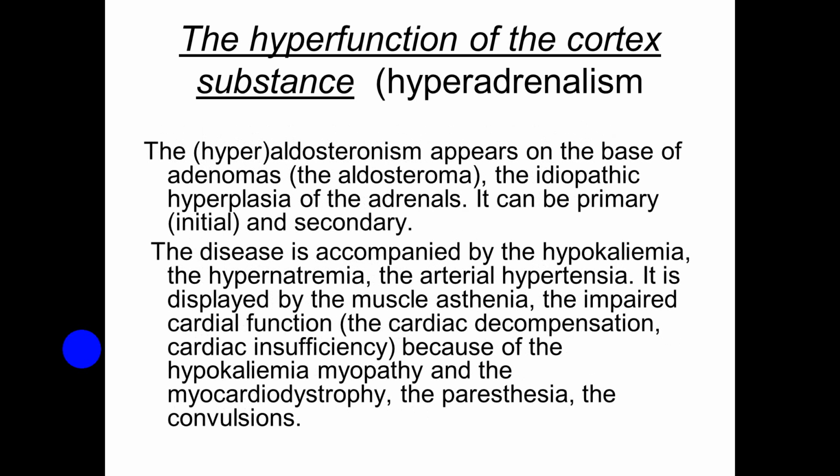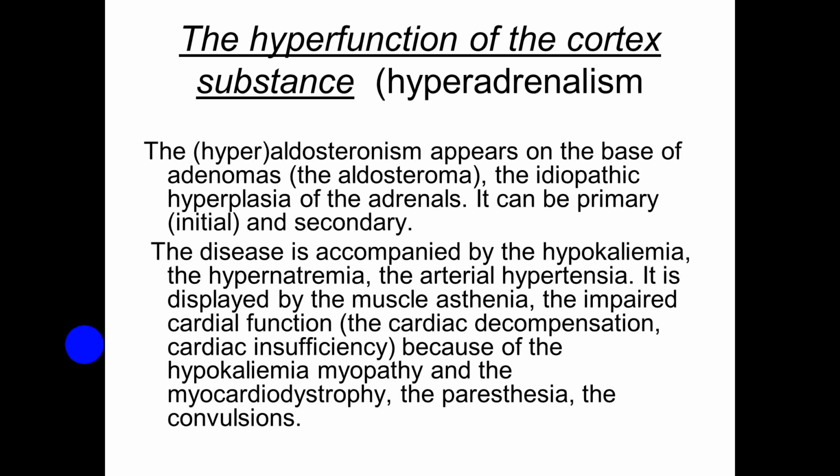Hyperfunction of the cortex substance, or hyperadrenalism, also appears on the base of adenomas, aldosteroma, and idiopathic hyperplasia of the adrenals. It can be primary or secondary. The disease is accompanied by hypokalemia, hypernatremia, and arterial hypertension.